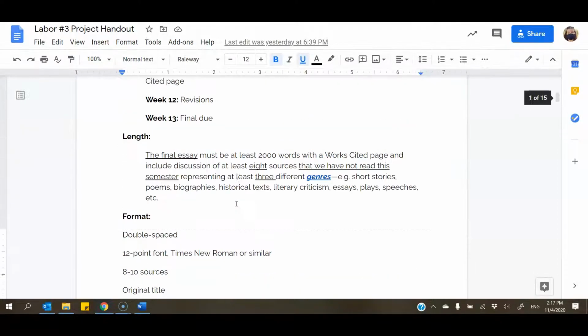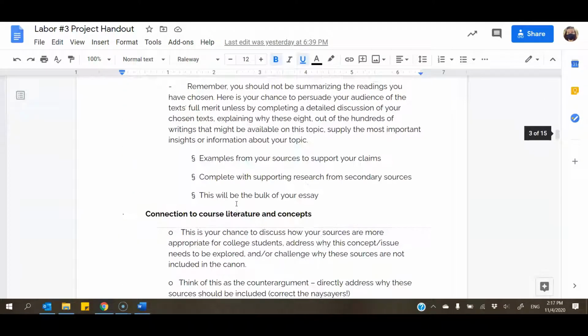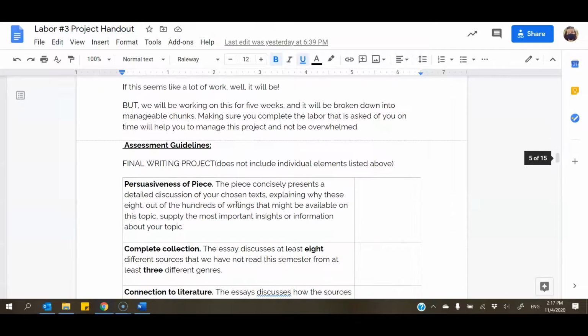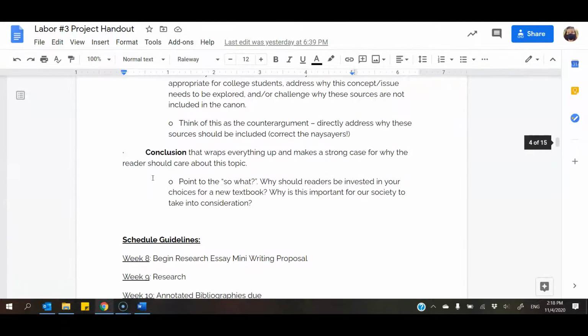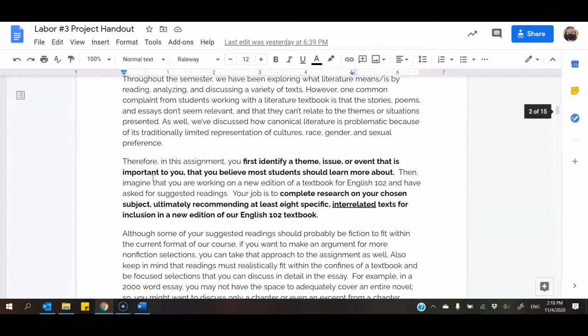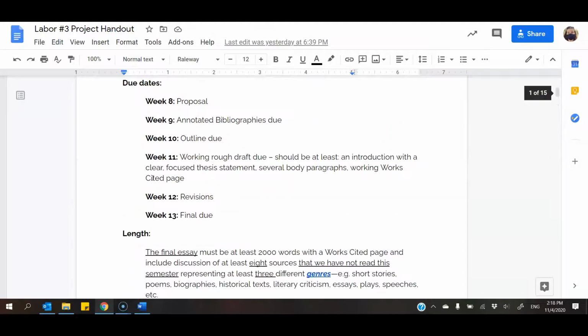All of that is here on pages 1 through 5 of the labor number 3 project handout. So when you're working on your rough draft, you definitely want to consult these instructions because it tells you the specifics of the assignment.